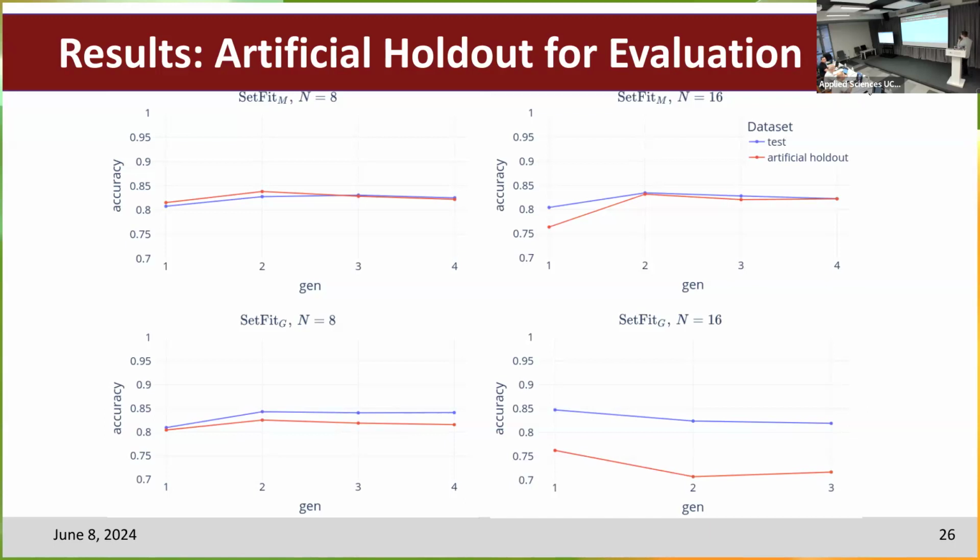And as you can also see, the pattern of artificial holdout accuracy follows the test dataset rather closely. So we can say that our application of it as a criterion for evaluation of models and stopping of multi-generational training was a success.